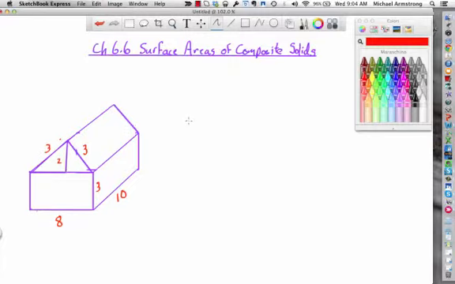So again, you just have to find the surface area. You add up all the sides. Find the area of all sides and add them up. So we have the triangular prism first, plus the rectangular prism.